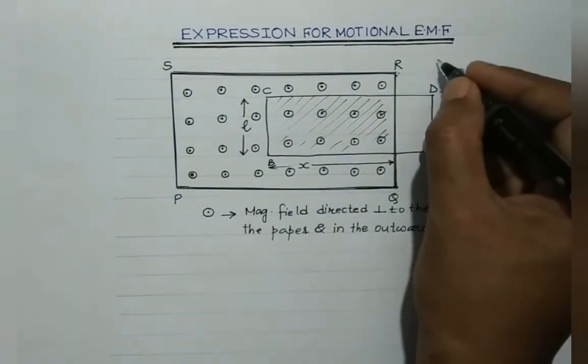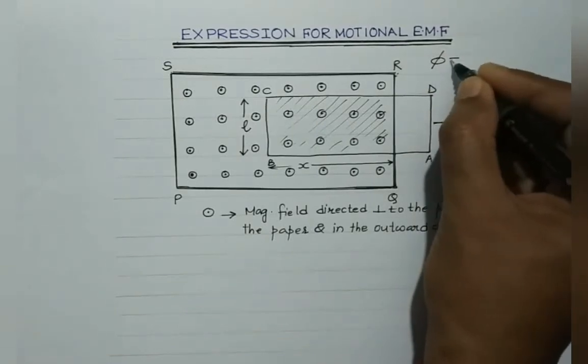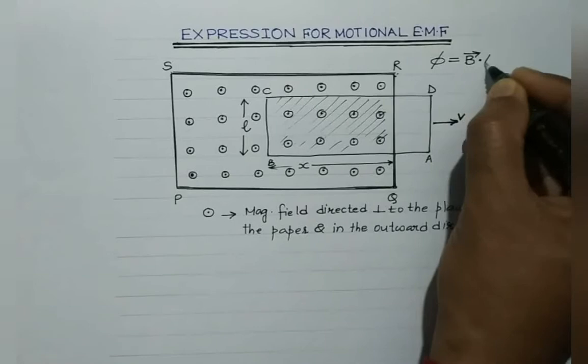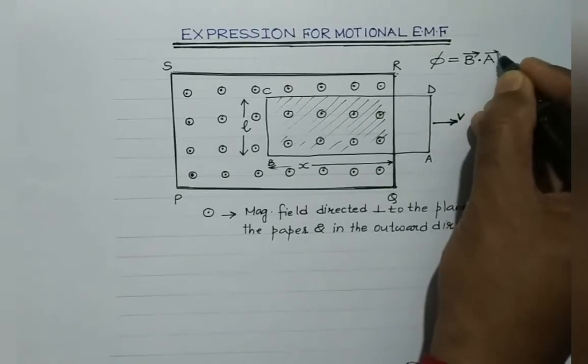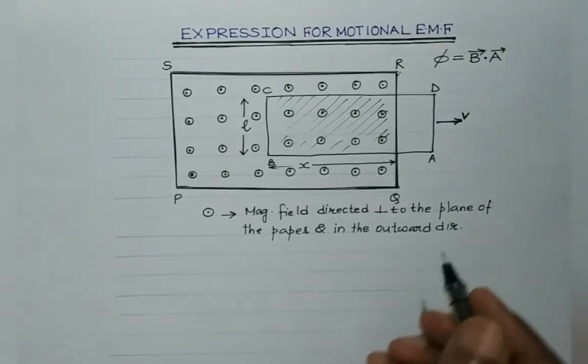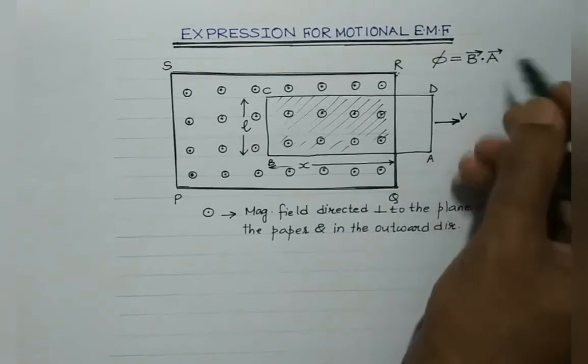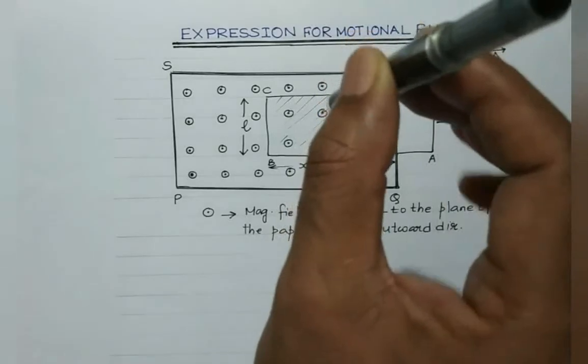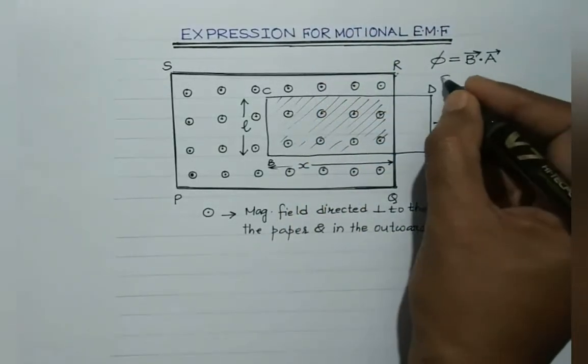Now, students, we are aware magnetic flux associated with the loop is the scalar product of magnetic field and area vector. So what happens is the area vector would be also in the outward direction, the magnetic field is also in the outward direction. So the angle between these two is 0 degree.